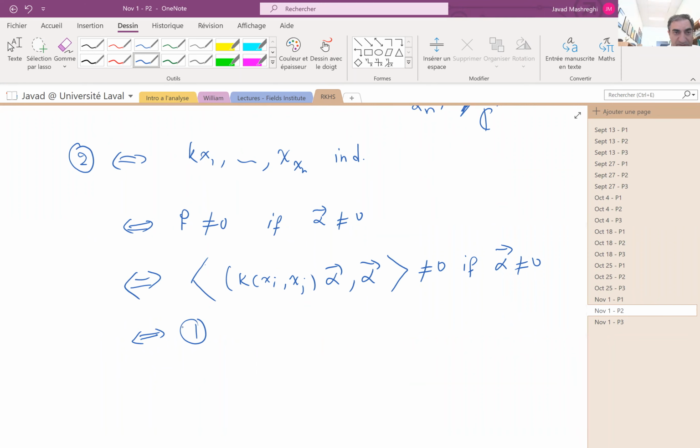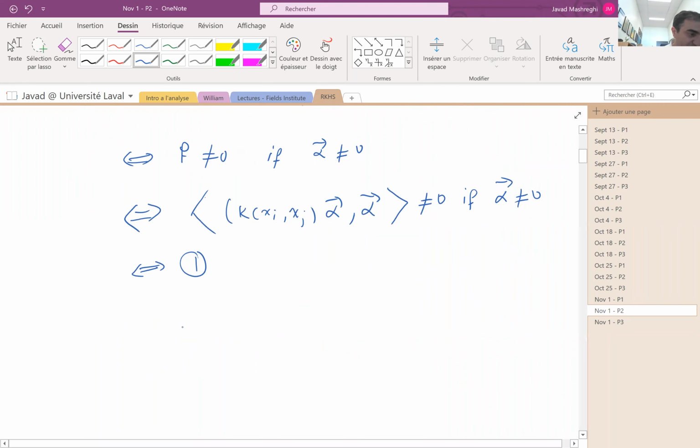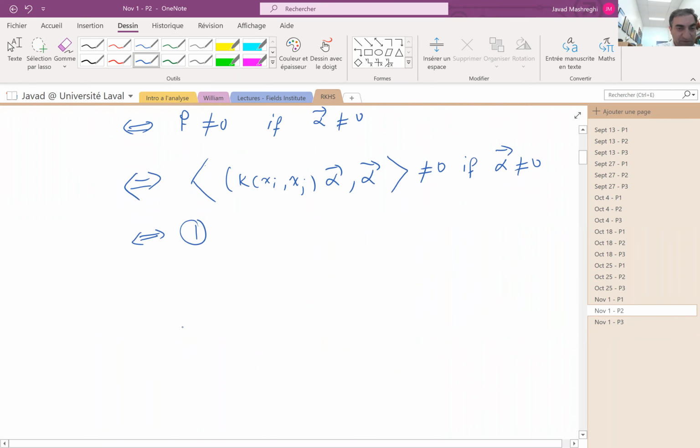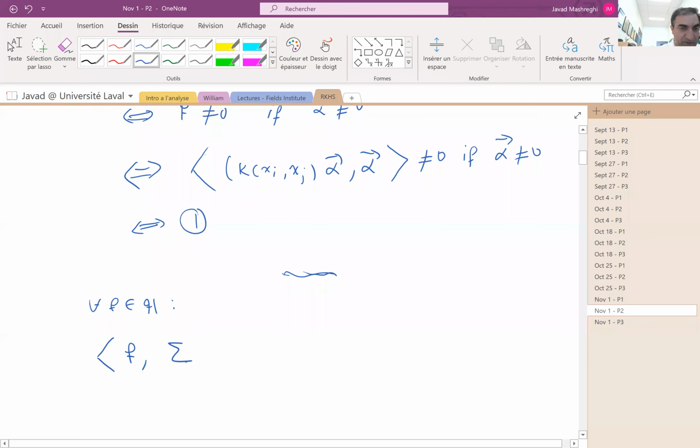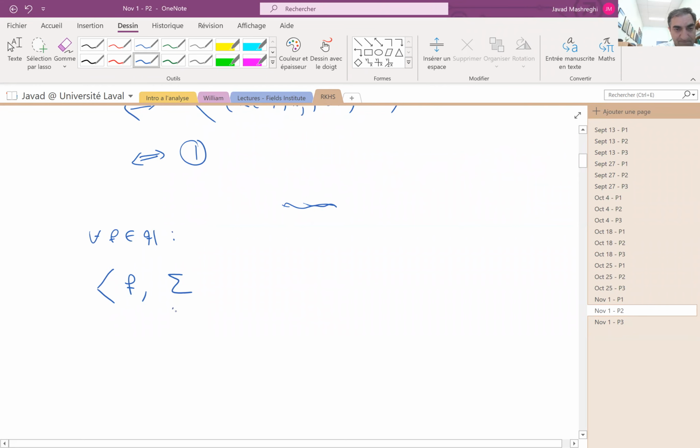And the reason 2 is equivalent to 3 is based on this formula for any f in H. What is the inner product of f and the sum of alpha I k xI?